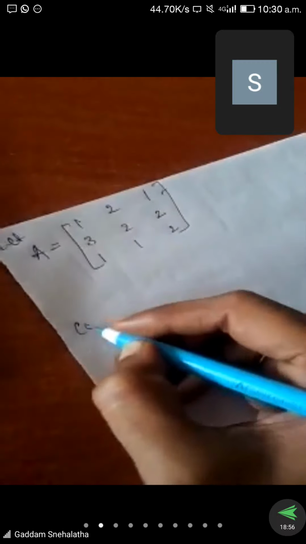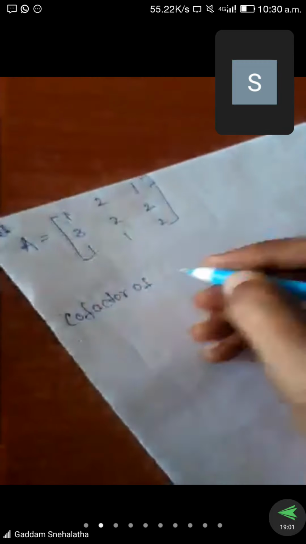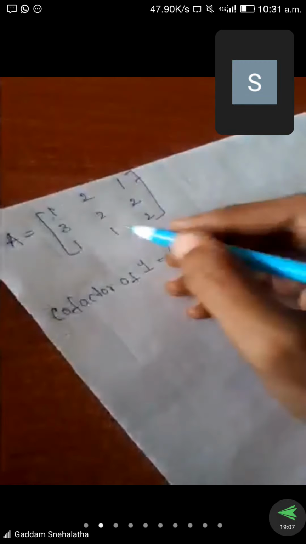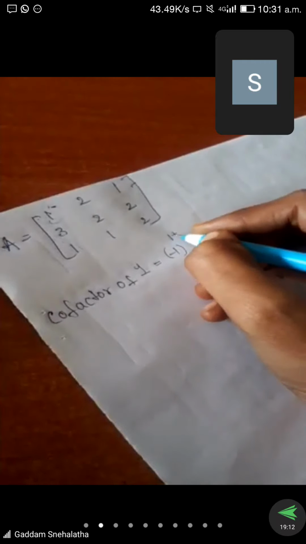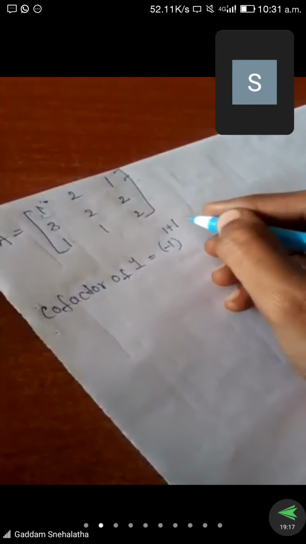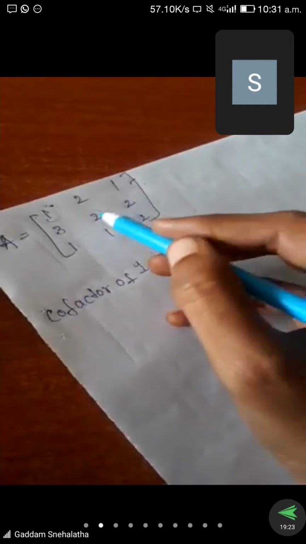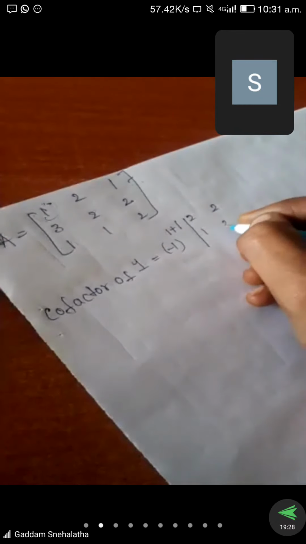Before the adjoint, we have to find the cofactors first. The first cofactor is of the first element, 1. Cofactor of 1 is equal to minus 1 to the power of row number 1 plus column number 1, into, if I leave this row and this column, the remaining is 2 2 1 2.